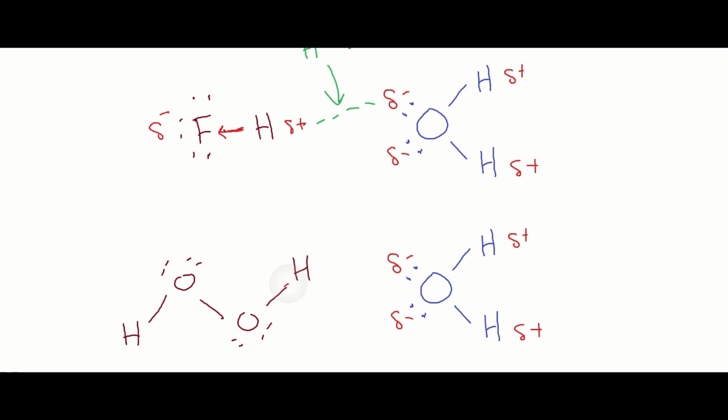We have another instance where you have a hydrogen covalently bonded to a very electronegative element. So again, this side is going to be slightly negative, where the oxygens and the lone pairs are, and the hydrogen side is going to be partially positive. So now we have that opportunity for hydrogen bonding to occur between the water molecule and, in this case, hydrogen peroxide.